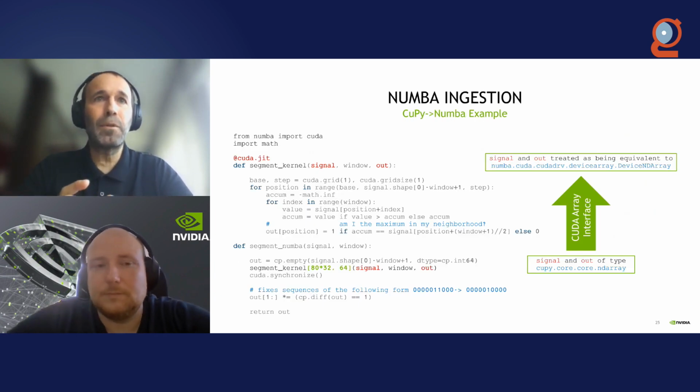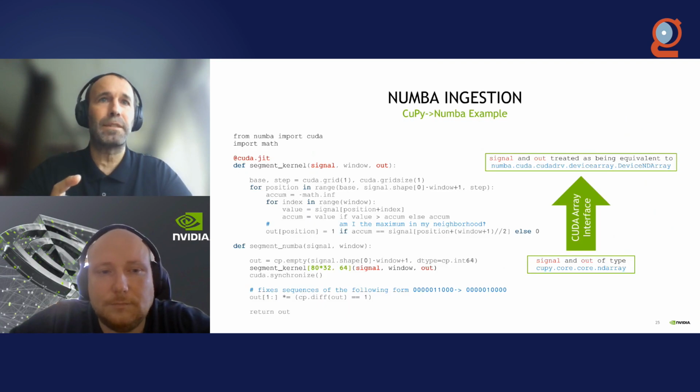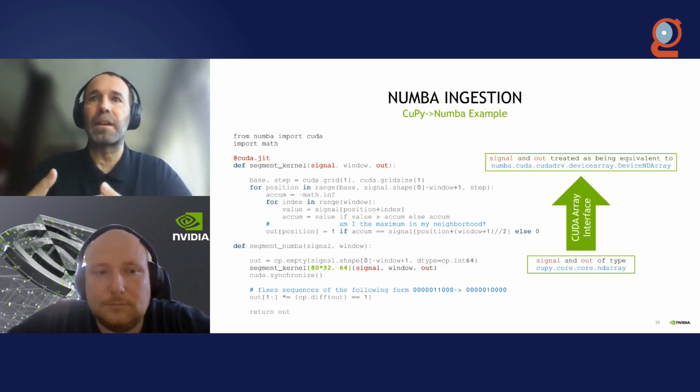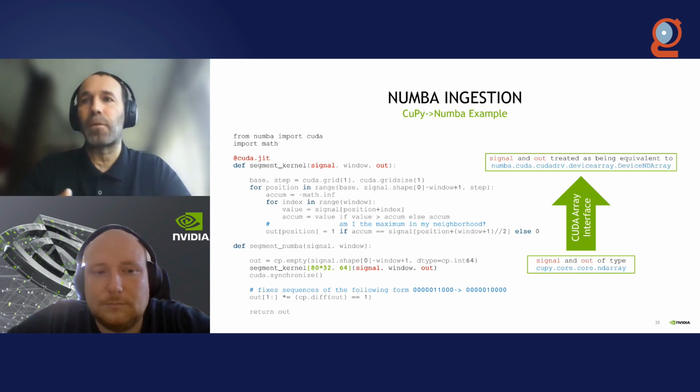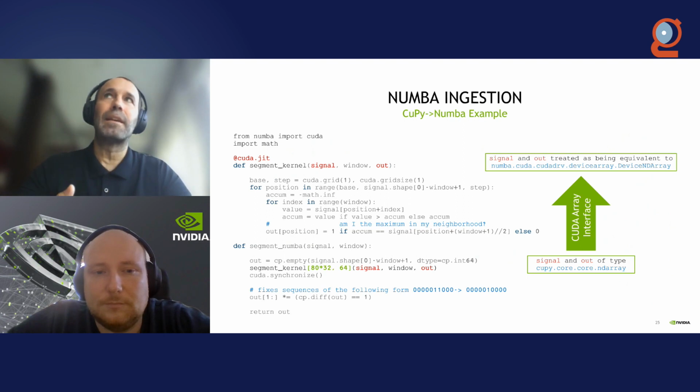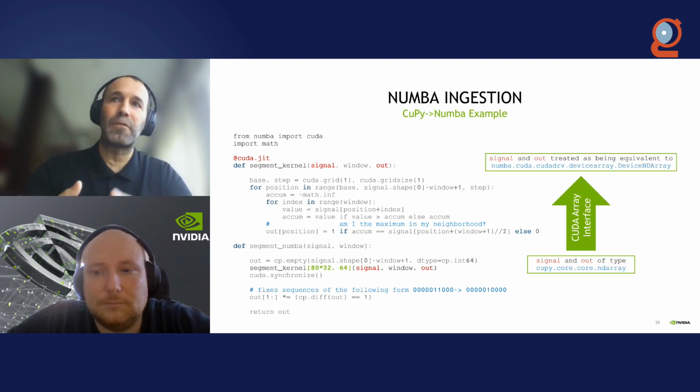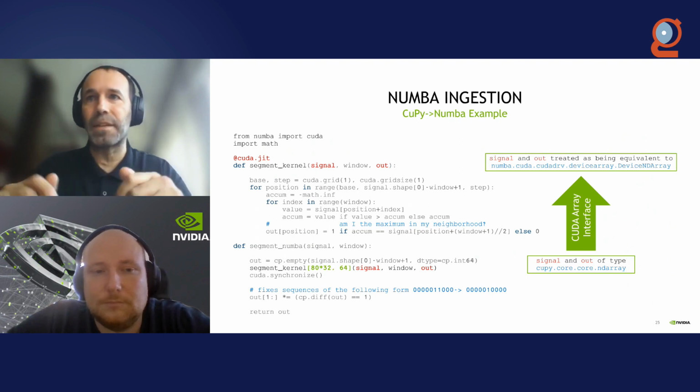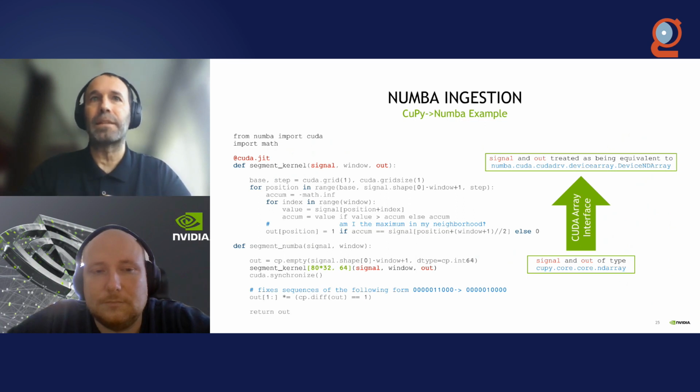with two methods. At the bottom, we have a Python method, segment number, that if I am correct, returns a CuPy ndarray. So it returns data in the CUDA array interface format, but under the data type, which is ndarray. And then at the bottom, we have another method, segment kernel, that will need as input a device ndarray.